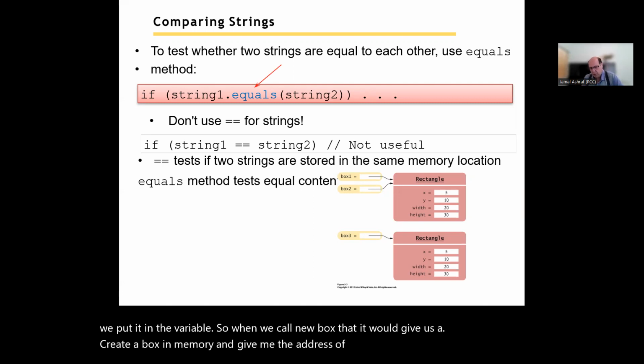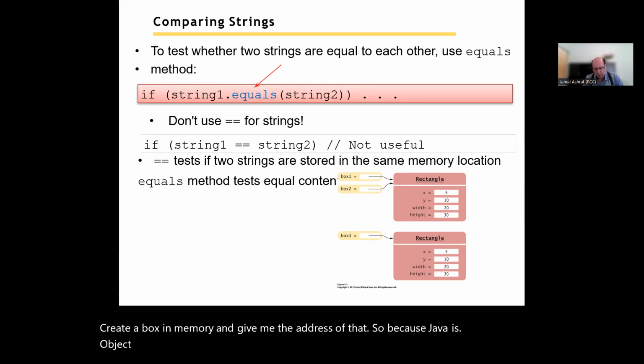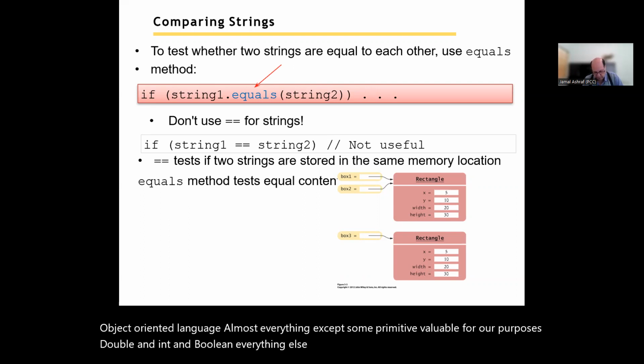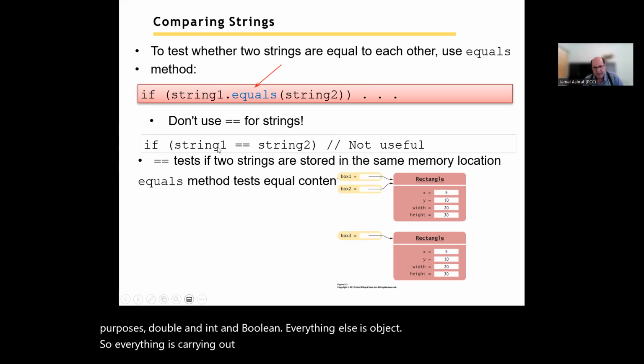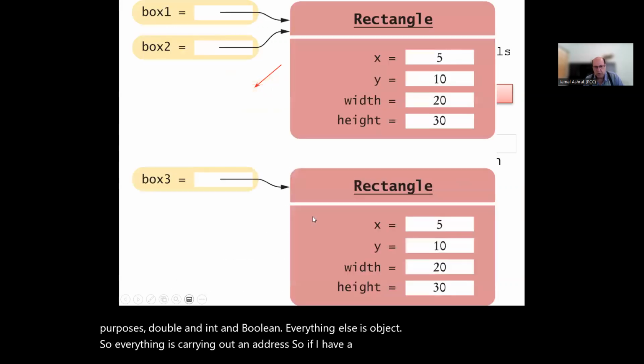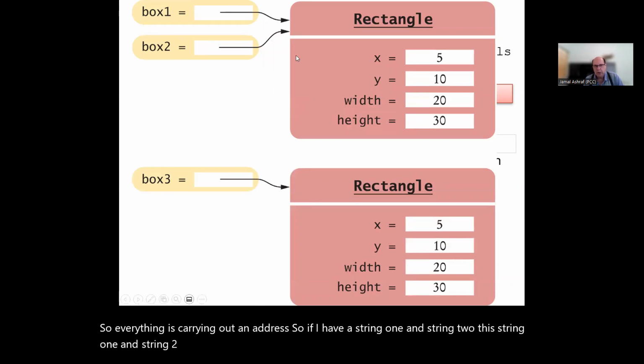Because Java is an object-oriented language, almost everything, except some primitive variables, for our purposes double and int and boolean, everything else is an object. So everything is carrying an address. If I have a string 1 and a string 2, they are pointing to a location in the memory.